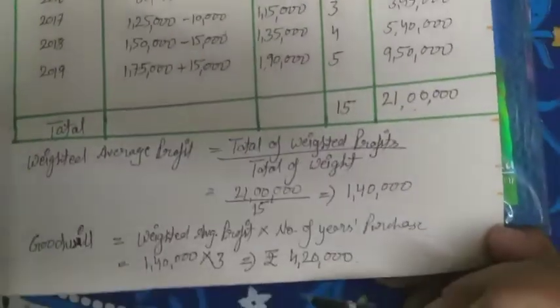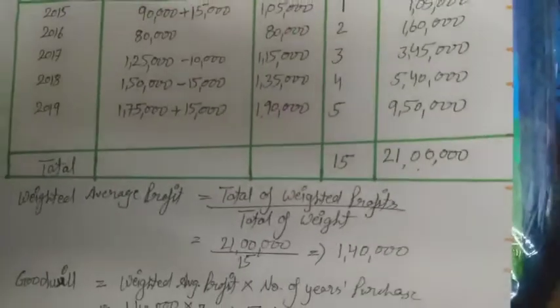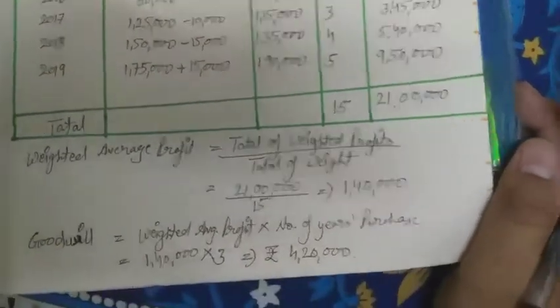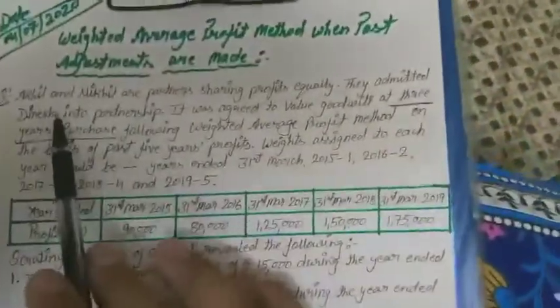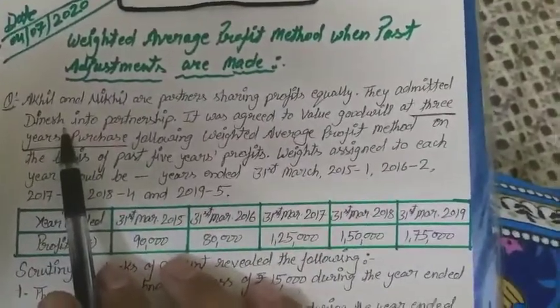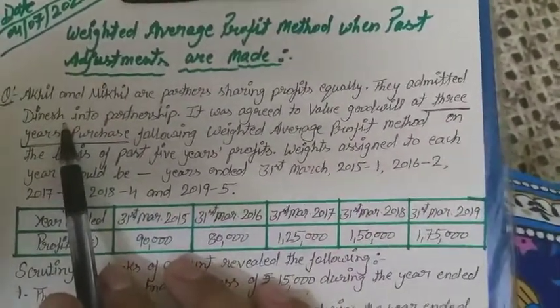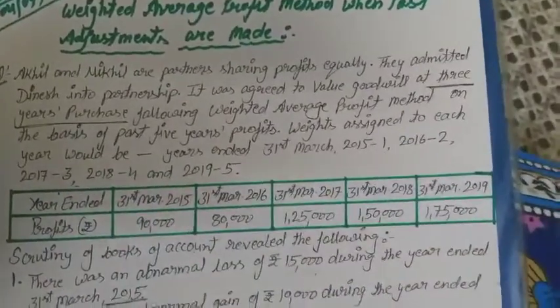The formula remains the same. According to this goodwill, the incoming partner, that is Dinesh, will bring his share of goodwill in the firm according to his profit share ratio. So that's why we need to calculate the goodwill of the firm.